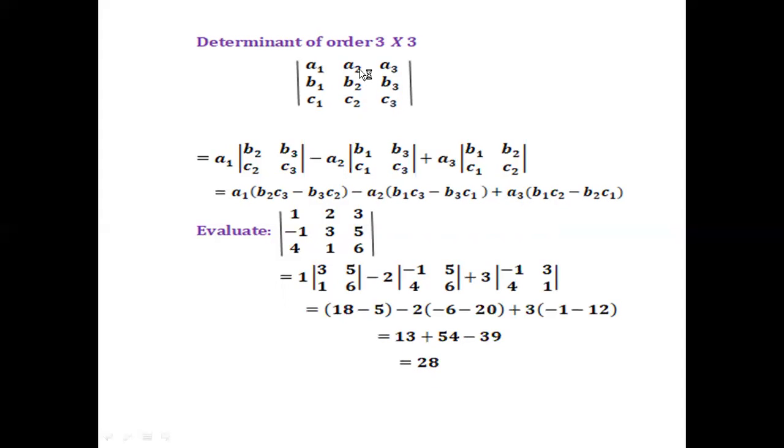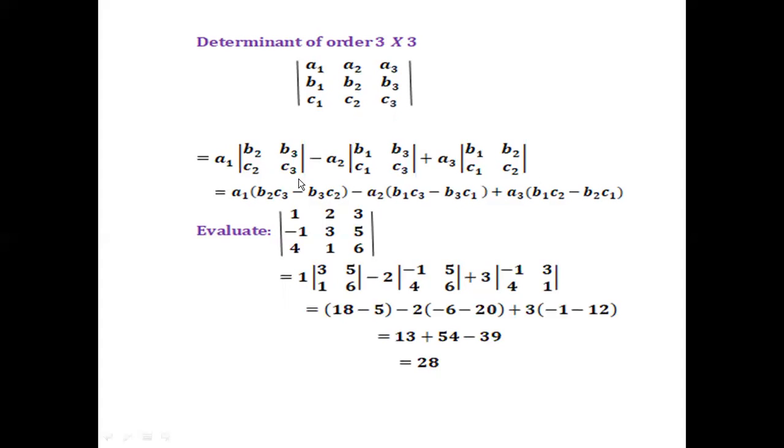This A2 element is present in first row, so we delete first row and second column and taking the block determinant for the remaining elements, we get B1, C1, B3, C3. Now last element plus A3, this element is present in first row and last column. Taking the block determinant, we have B1, B2, C1, C2.